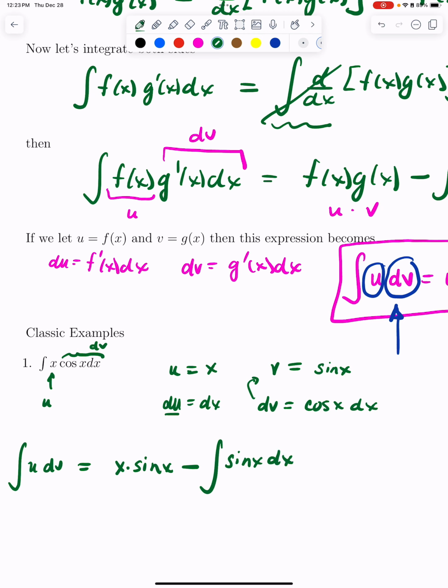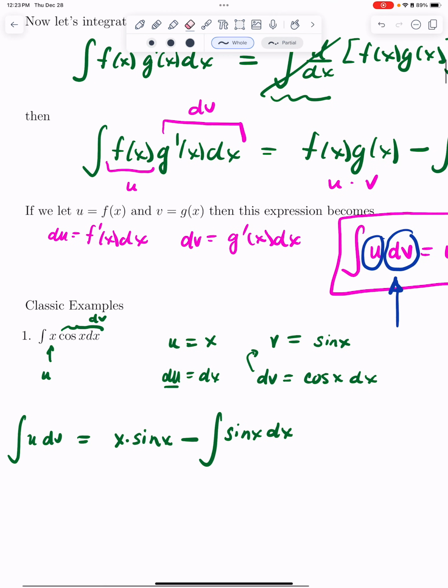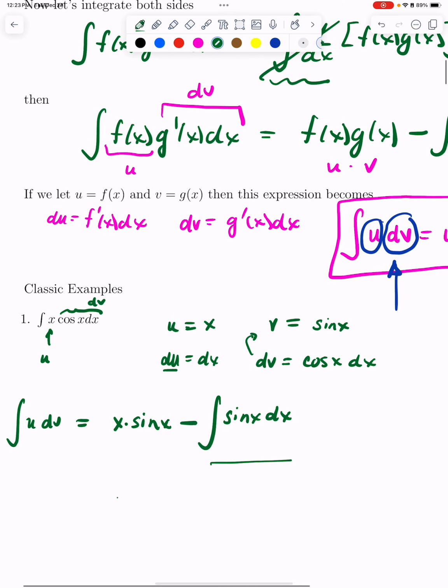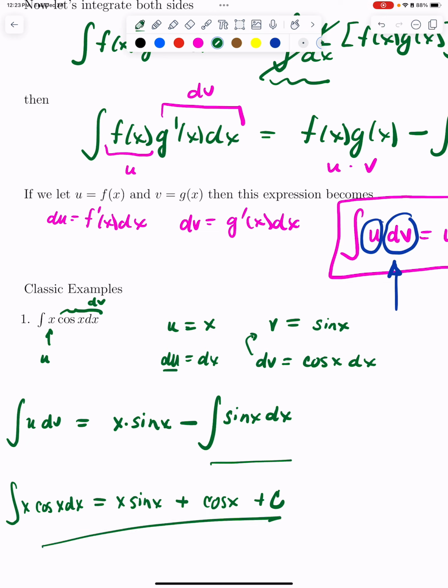So everything now should be back in terms of x. And now, this right here is an easy integral for us to solve. So this is x sine of x minus, the antiderivative of sine is a minus cosine, so plus cosine of x plus c. So our original integral, x cosine of x dx, is equal to x sine of x plus cosine of x plus c.